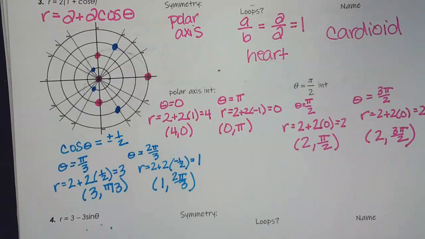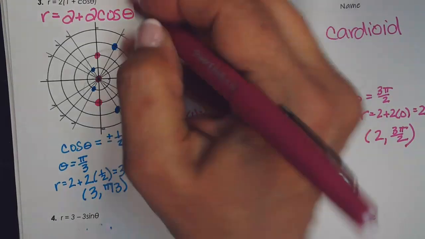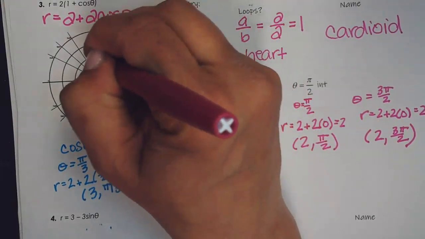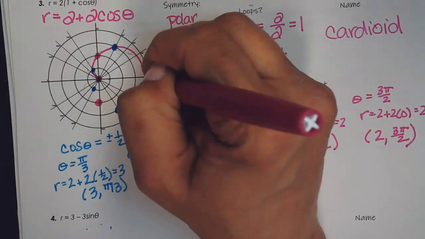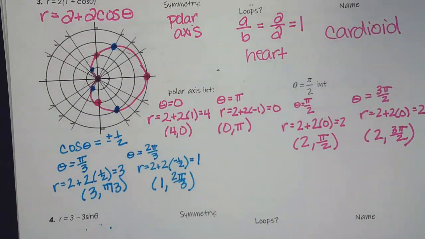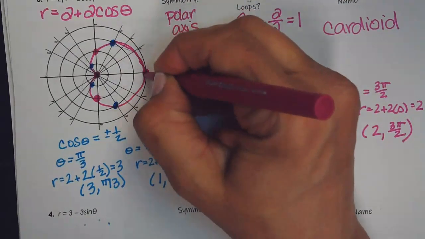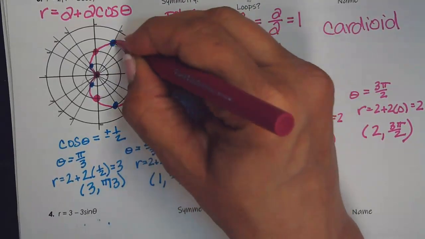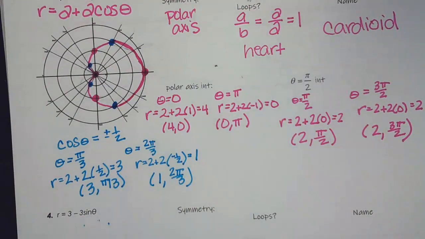And then again, for people that are anxious like me, I feel better about this. This gives me a lot nicer idea of what that cardioid is going to look like. And again, just on the end there, it's going to be curved.